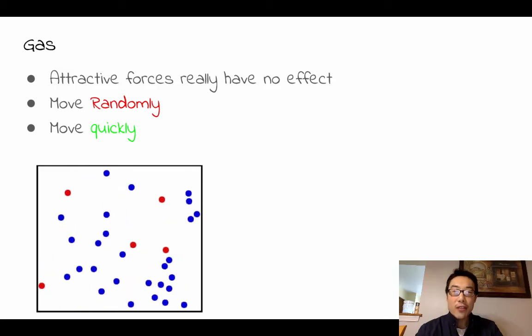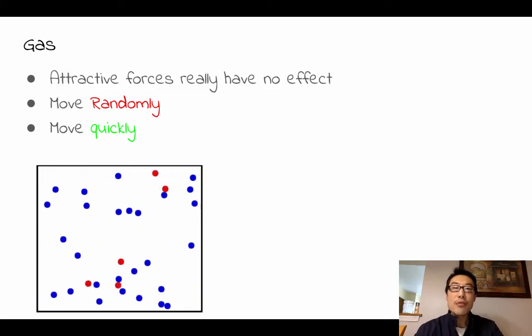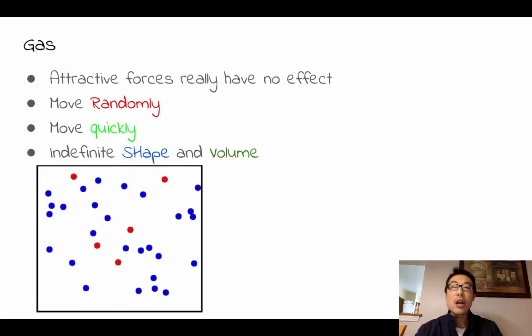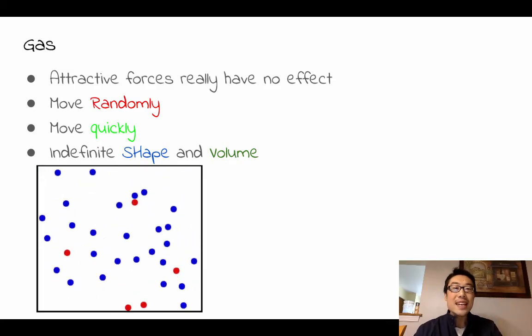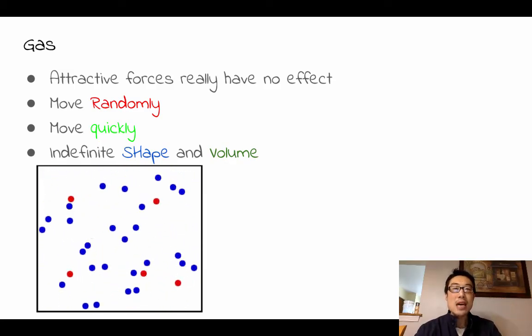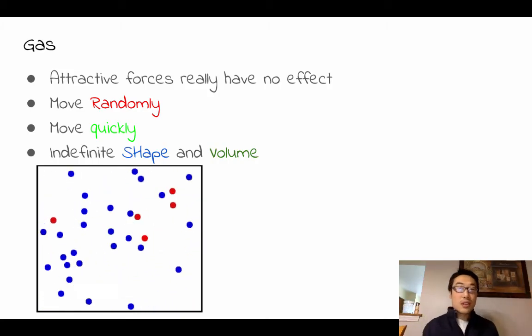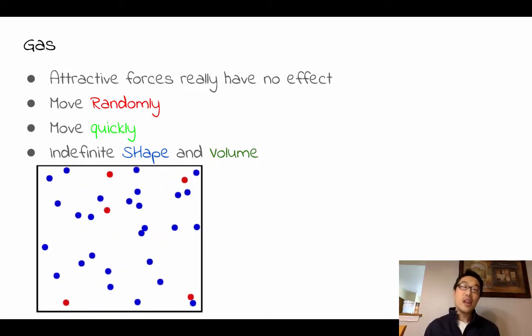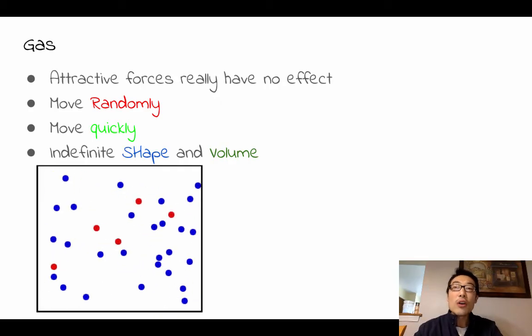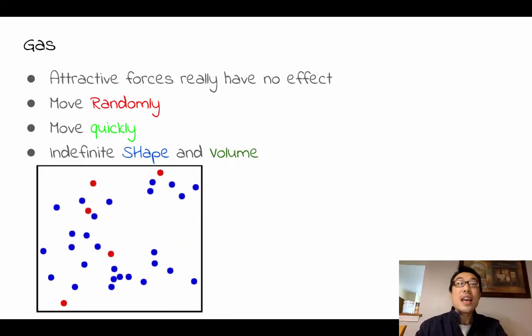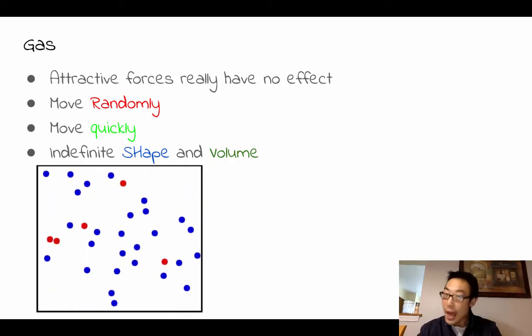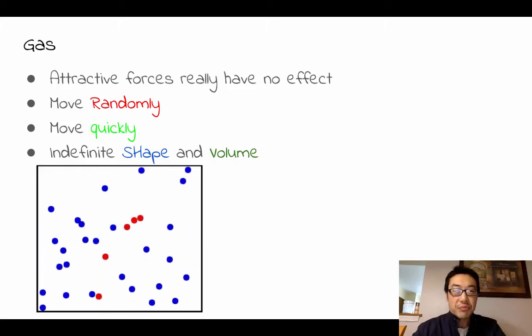They move very quickly. And if you have a gas and you put it into a container, we can say that it has an indefinite shape and volume, meaning we know that the gas is in that container, but it's all over the place. We don't know exactly where it is. Same with the shape. We know that if we put gas inside of a container, it takes the shape of the container, but at any second, it could change.